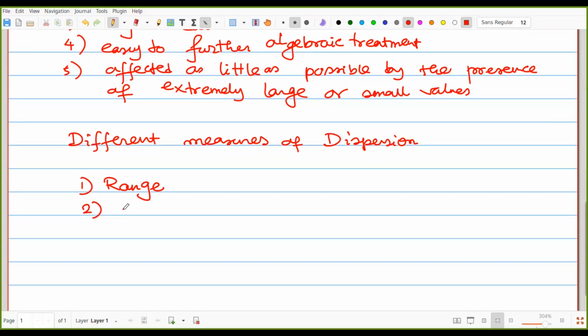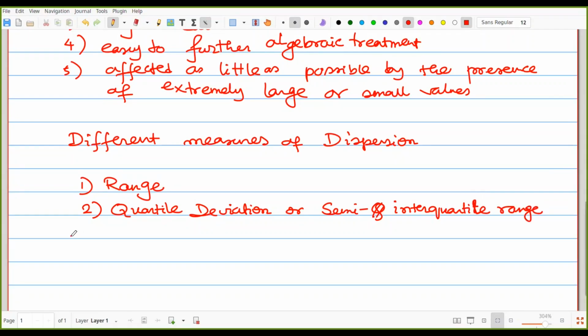The second one is called the quartile deviation, also known as the semi-interquartile range. The third is another important term, the mean or absolute deviation.